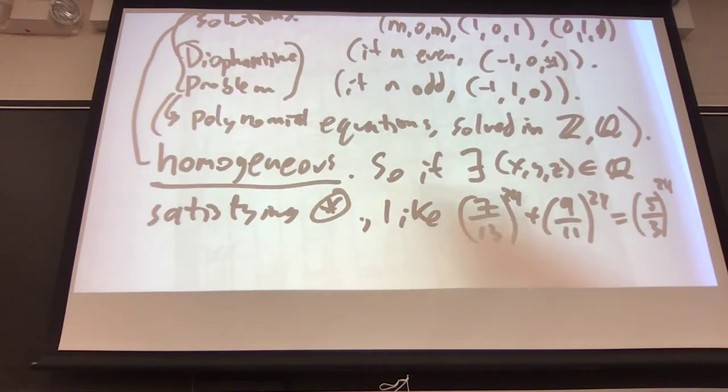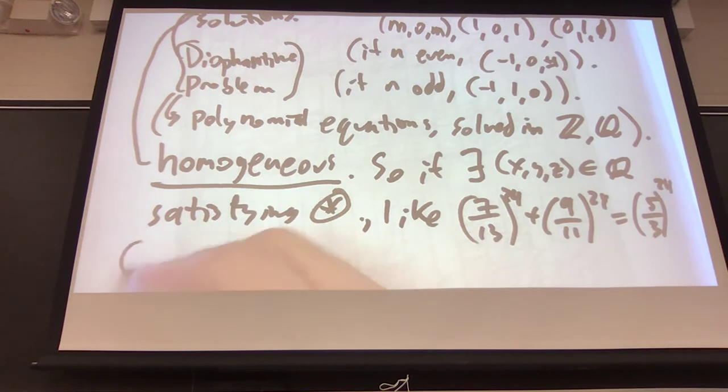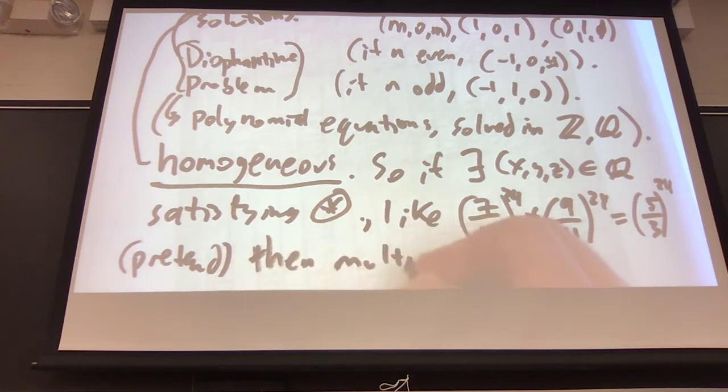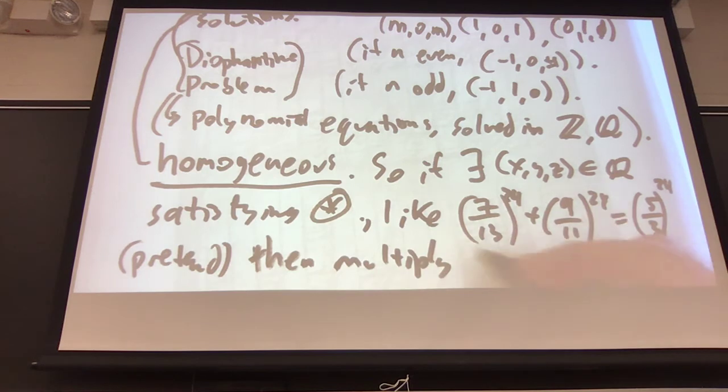So if there existed a rational solution like this, pretend, this is not true, but we're pretending it is, then multiply x, y, z by the denominators.